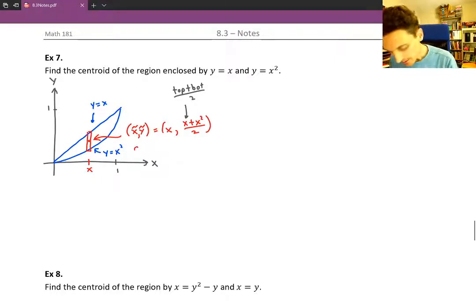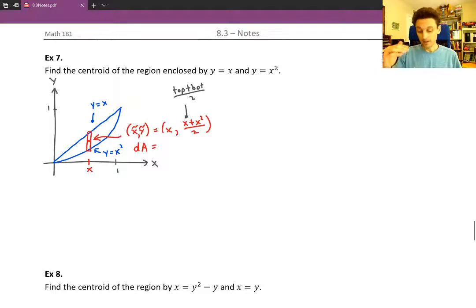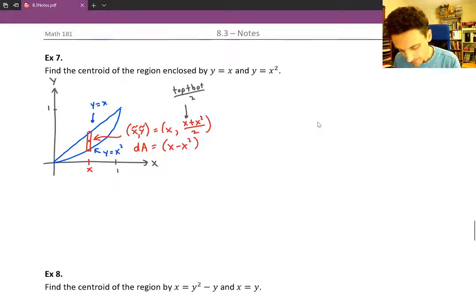Now the area of each strip, dA, we can get by taking the length of the strip, or the height of the strip, you could say, which is going to be the top y value minus the bottom y value. So the top y value here minus the bottom y value, that'll be x minus x squared, times the width of the rectangle, which is going to be dx, an infinitely thin width.